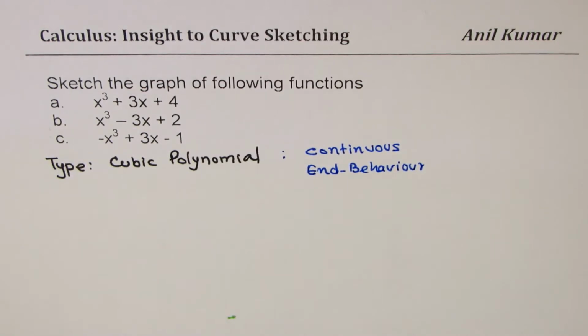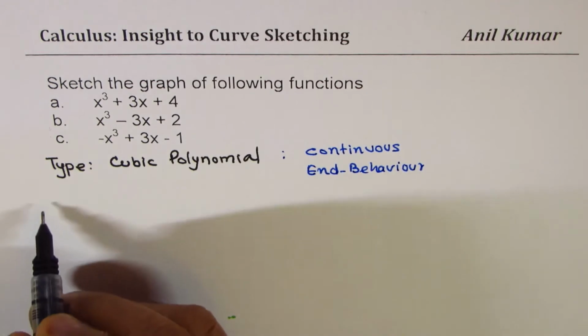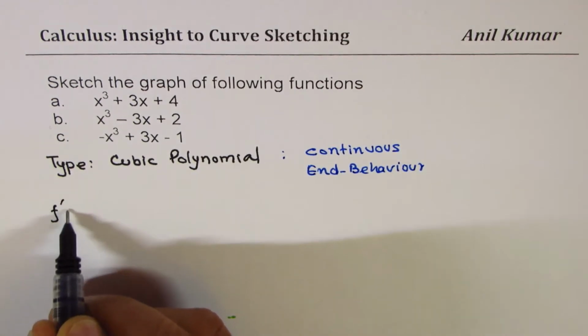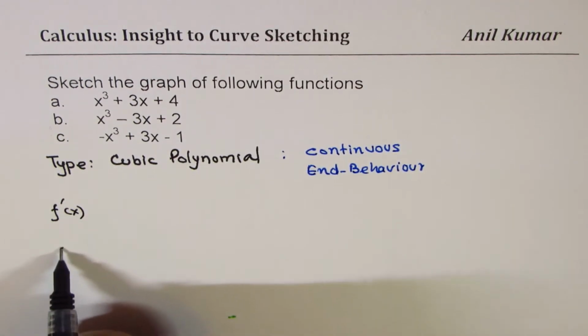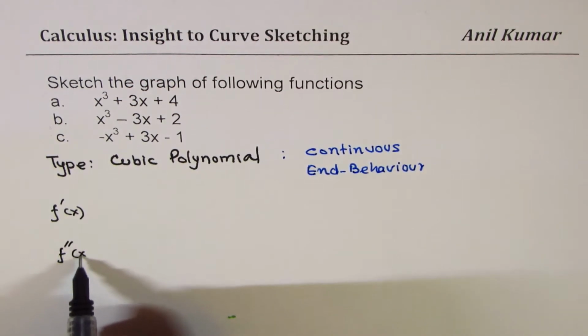The other thing we look into is what we can get out of the first derivative, let me call it f dash x, and what we can get out of the second derivative.